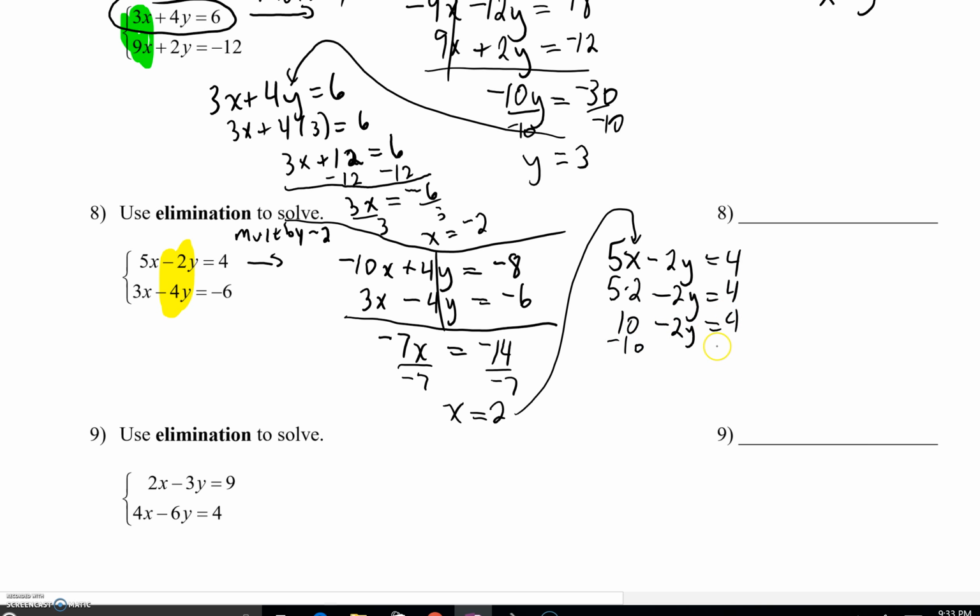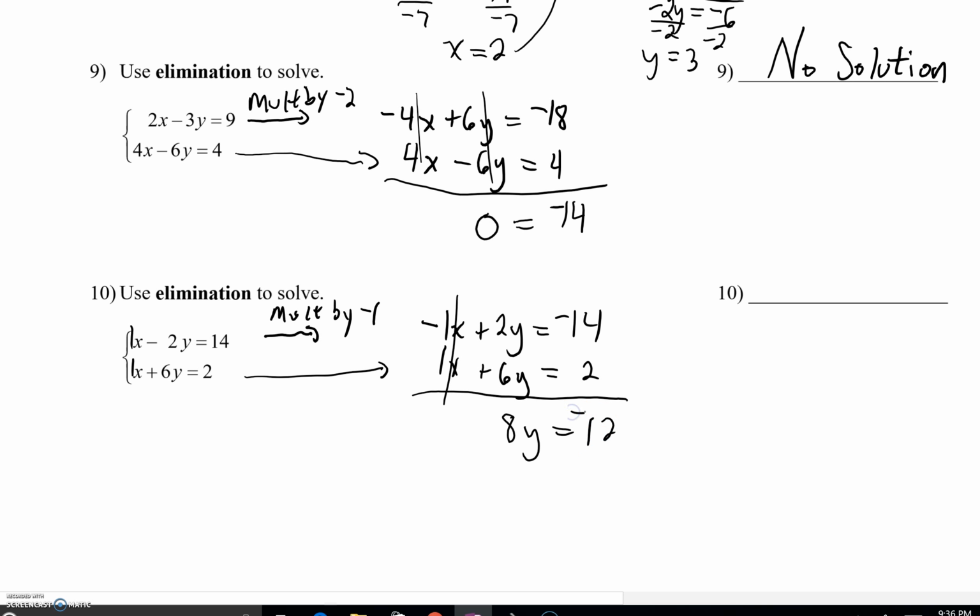I'll have negative 1x plus 2y equals negative 14. Down below, leave your equation alone to have a positive 1x plus 6y is equal to 2. And here the x's cancel out. 2y plus 6y is 8y. Negative 14 plus 2 is negative 12.